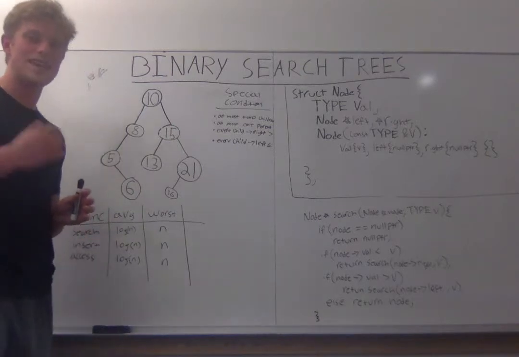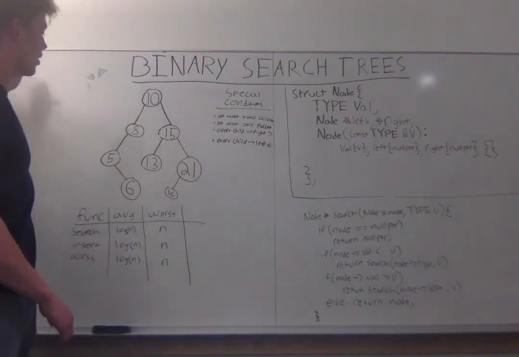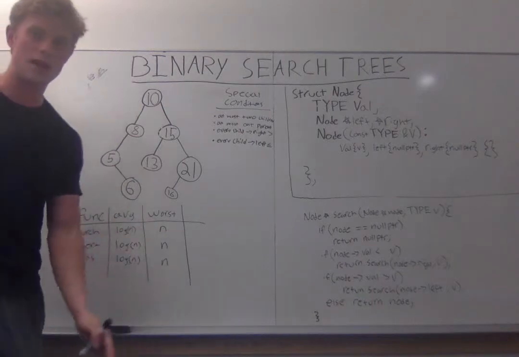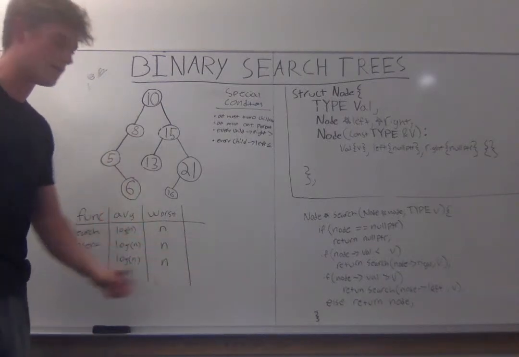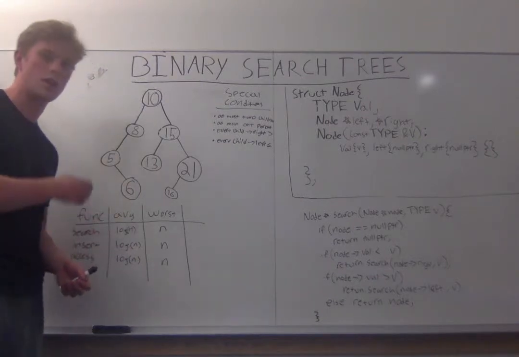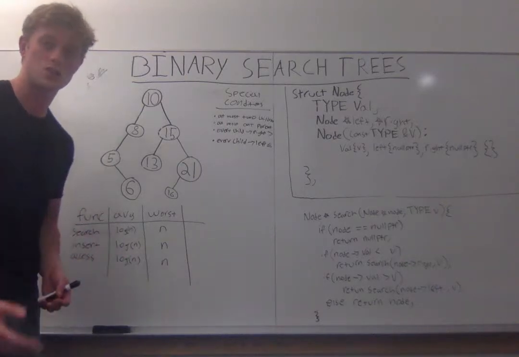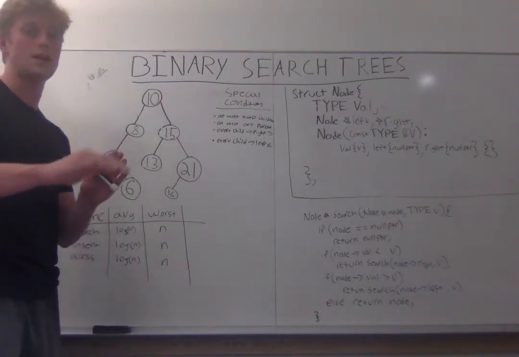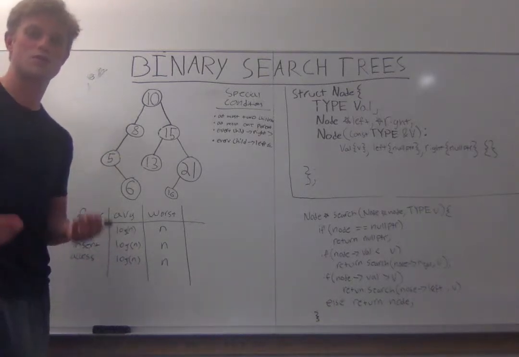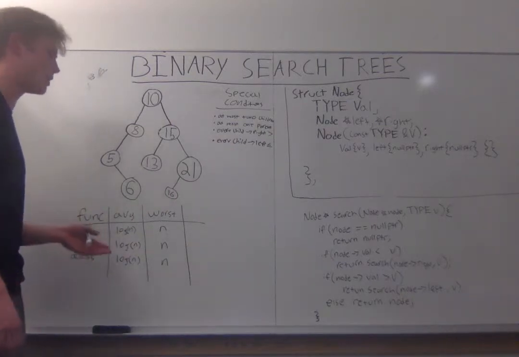But if we get data that's, for one reason or another, in order, where we have our smallest value at the root and all other values down to the right of it, like a long stick of values, then in the worst case our search, access, and insert is going to be O of n, because we have to linearly search through all of those, going to the right, to the right, to the right until we reach our spot. But again, because we mostly work with randomized data, in the average case we're going to get log n access time.